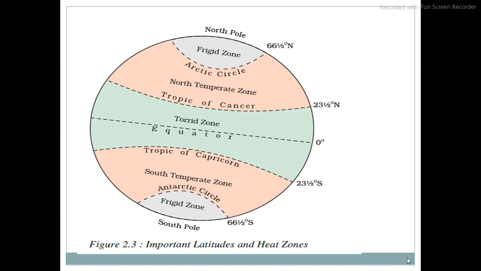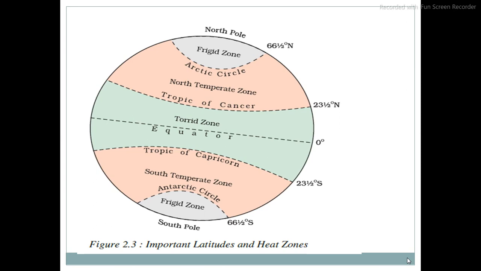The area from the Tropic of Capricorn to the Antarctic circle, and the area from the Tropic of Cancer in the north to the Arctic circle, are the temperate zones. In the diagram also it is clear to you.